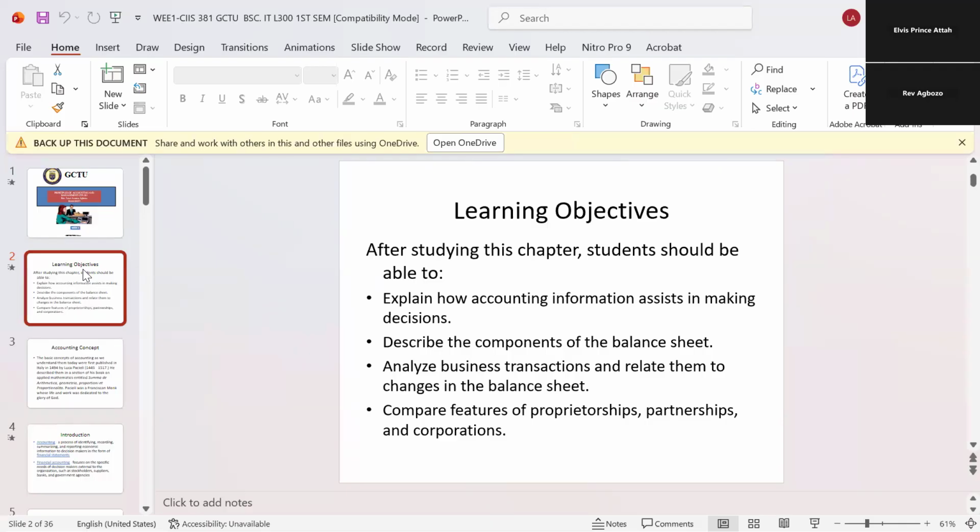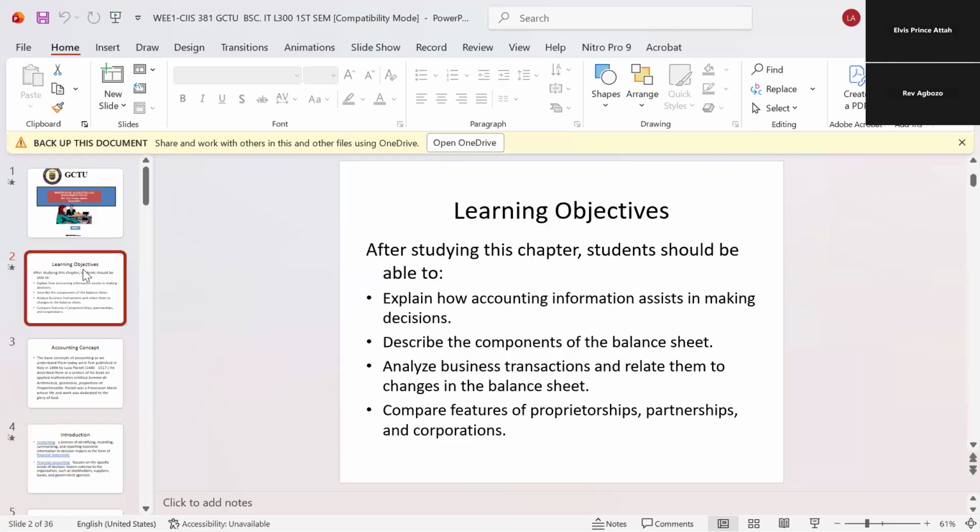Also describe the components of what a balance sheet is, analyze and relate them to changes in the balance sheet, and compare features of businesses.